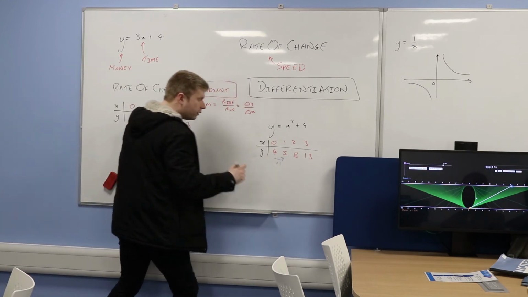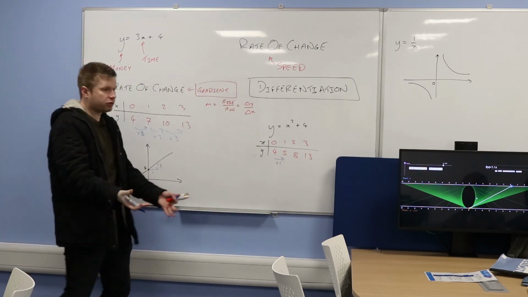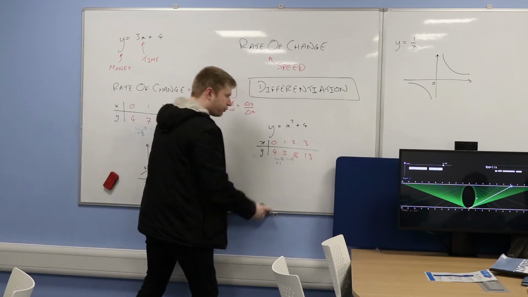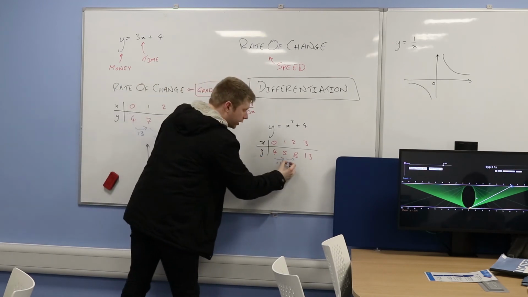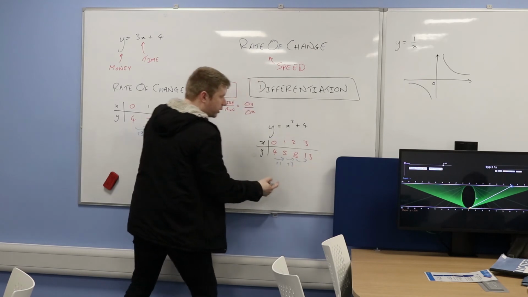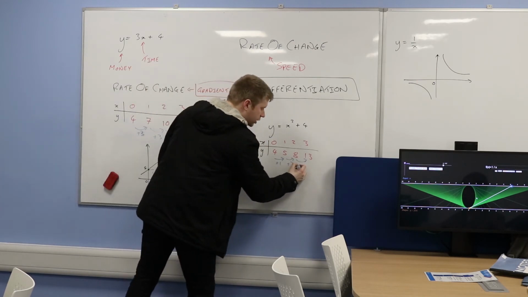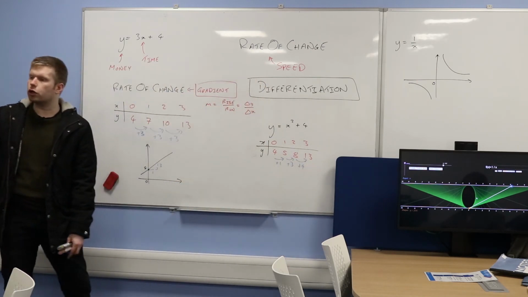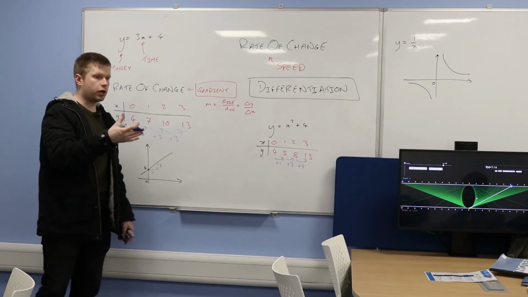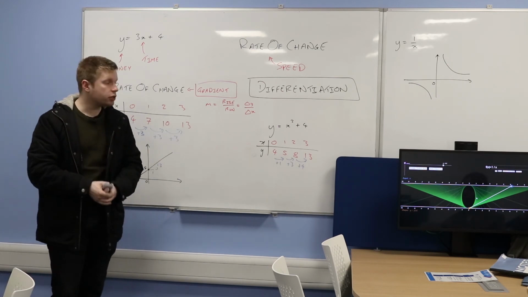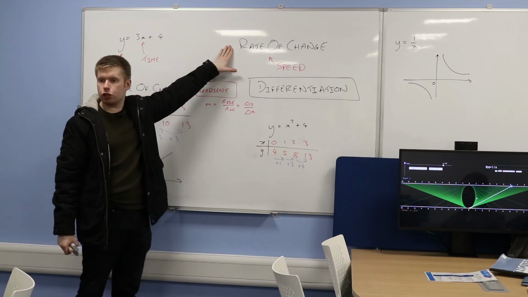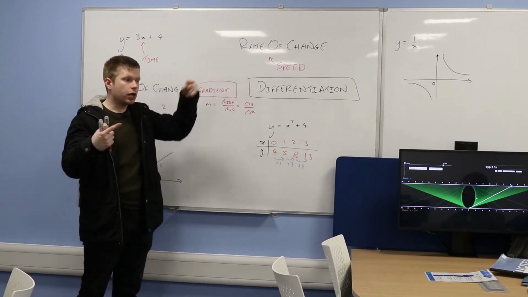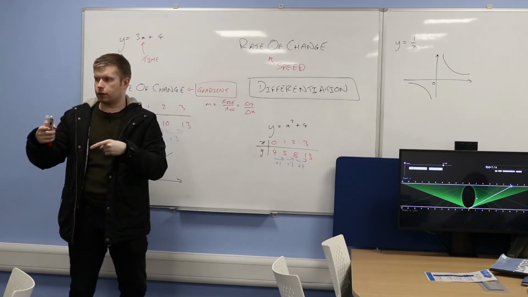I go up by 1. So the first month I increased by £1. Not very exciting. But then between months 1 and 2, I changed by £3. And then between months 2 and 3, I changed by £4. So it's no longer going up by a constant amount. In other words, the rate of change is now different depending on which point you're looking at.